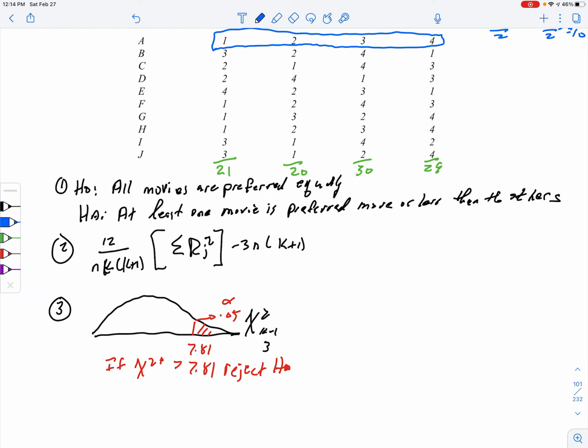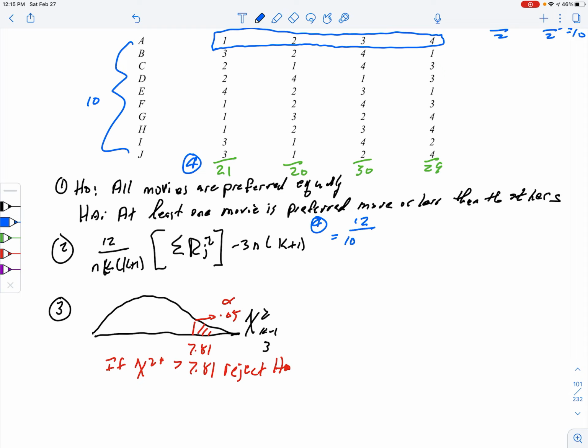So this, of course, is part of step number 4, adding up the Rjs. We're going to have chi-squared star equal to 12 over n. The n in this case is 10. There's 10 people here, not 40 numbers. That's the difference between the NT of a Kruskal-Wallis test and the n of a Friedman's test. So that's really important that you note.